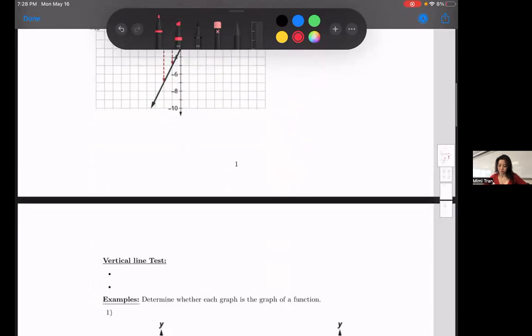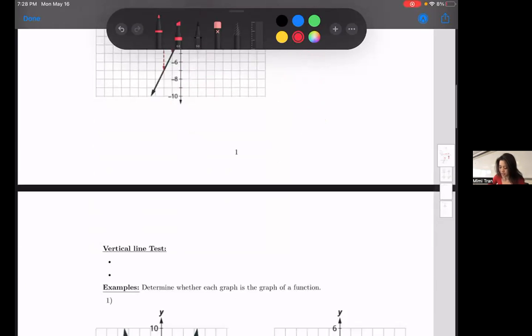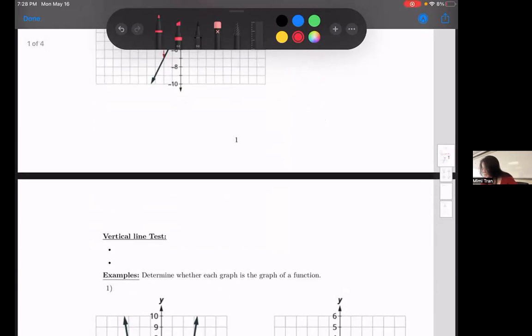So as you can see, the vertical line test. So what do I say?